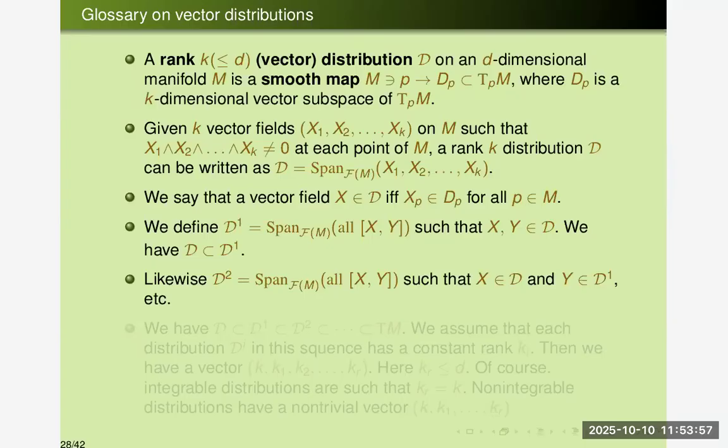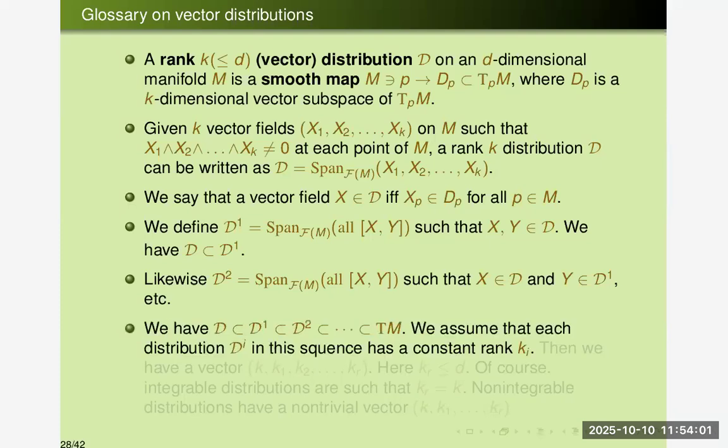It may be D1, but in general, it is something bigger. And then, given a D, you have a sequence of distributions. You start with D, and unless it is integrable, the next one is bigger, and so on, but it cannot be bigger than the tangent space. So eventually it is bounded from above by the tangent space, right?